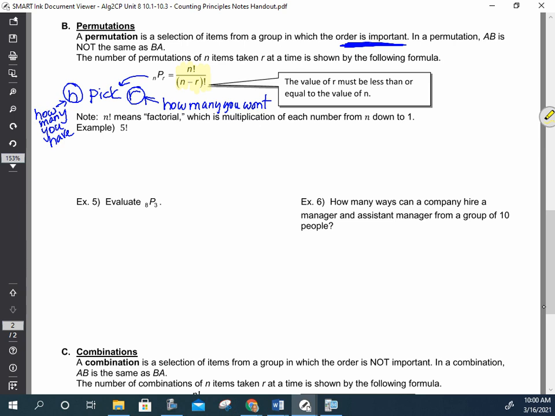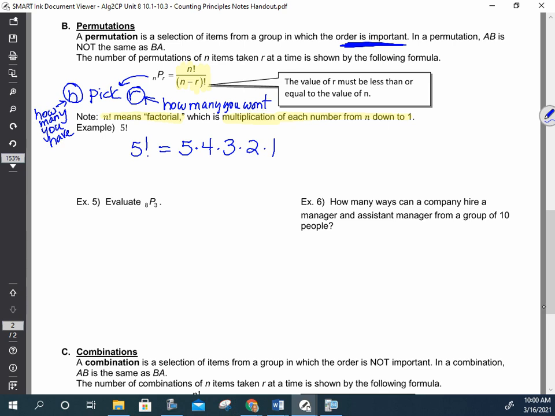So n with the exclamation point behind it means factorial. That's multiplication of every number from n all the way down to 1. So, for example, 5 factorial means 5 times 4 times 3 times 2 times 1.